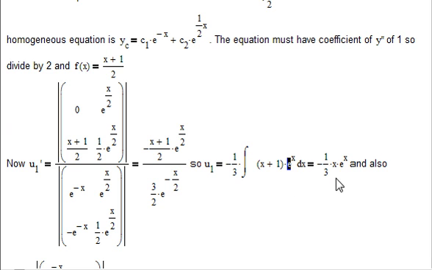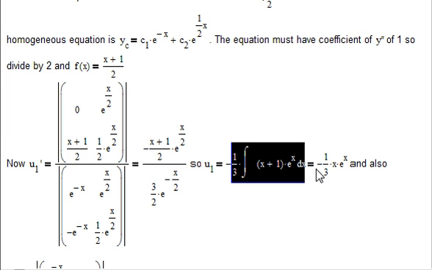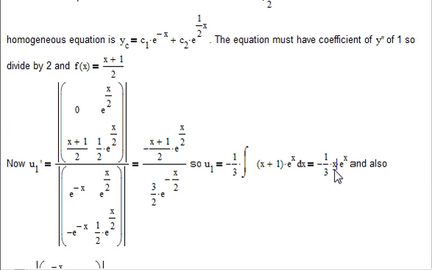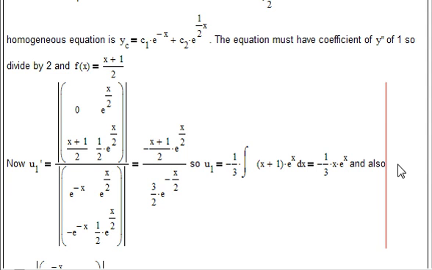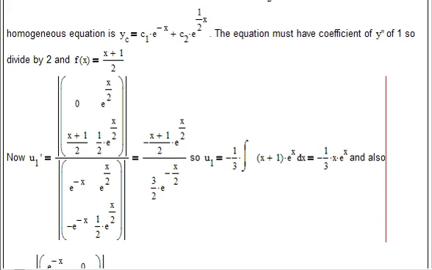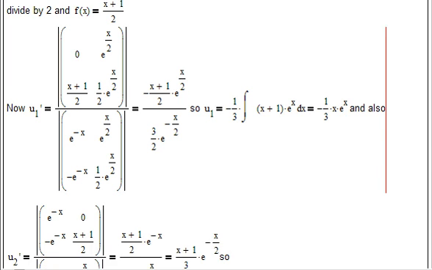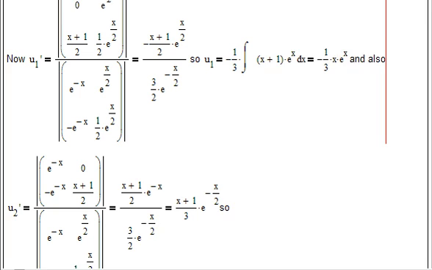And so, integrating this, trust me on this one, it would work fine with integration by parts, and you get 1/3 times x e to the x. If you struggle with integration by parts, check out my Calc 2 website and look through integration by parts on that. So anyway, we also need u2 prime and then u2.